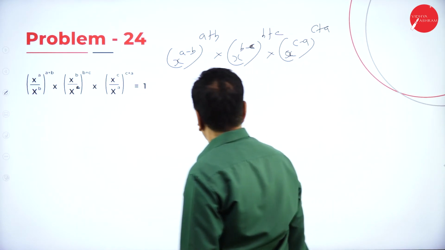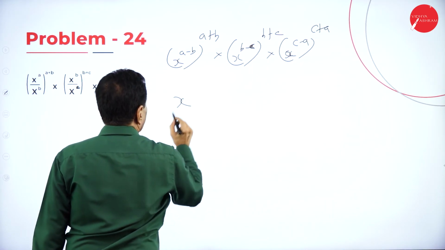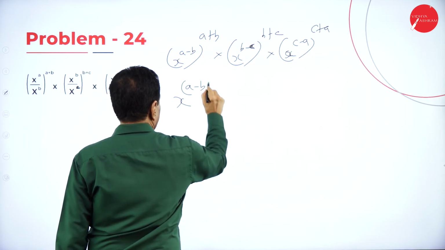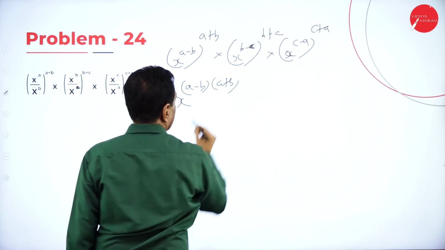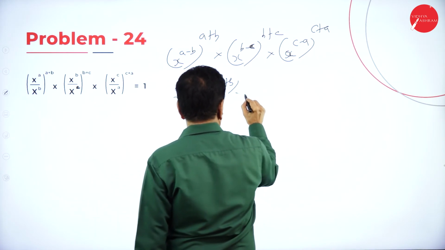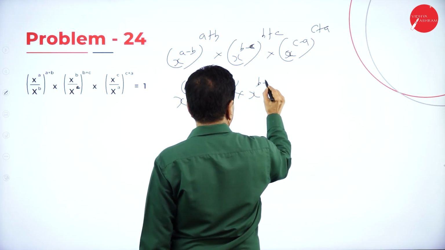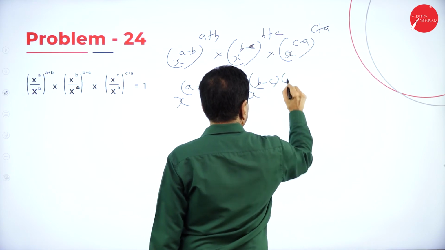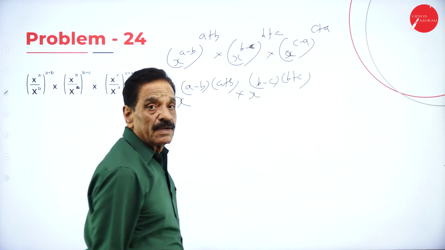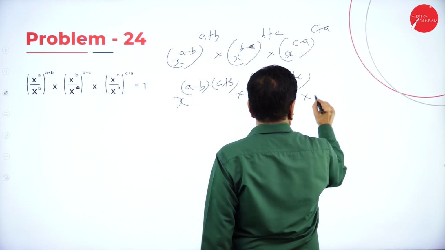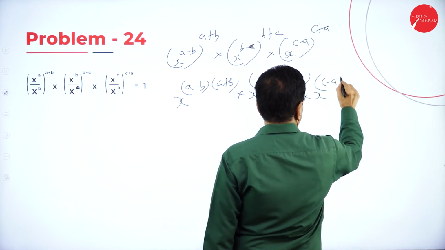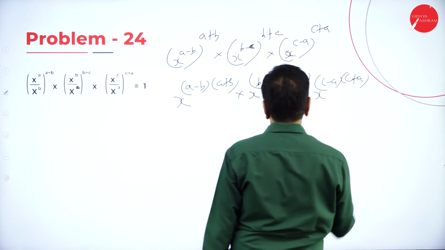So x is common here. We can write x to the power of a minus b into a plus b into x to the power of b minus c into b plus c into x to the power of c minus a into c plus a.